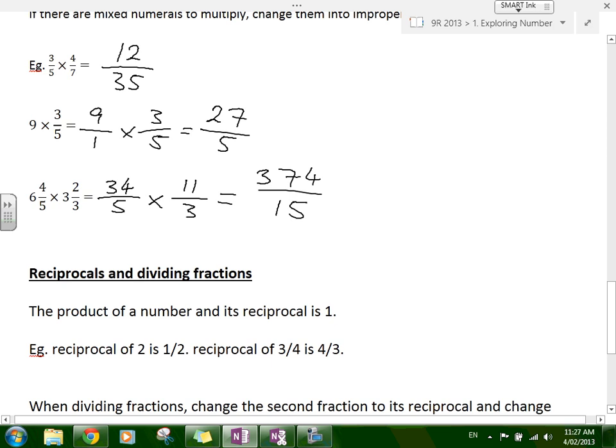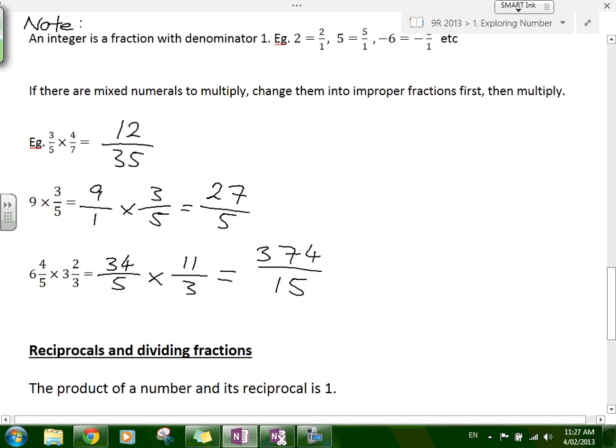If you type it in your calculator, it simplifies it for you, but I don't. So that's what you'd leave it as. Sorry, Josh, what do you want me to move down? Okay, any questions? Does that make sense? Changing mixed numerals to improper fractions, multiply numerator with numerator, denominator with denominator, and simplify again.